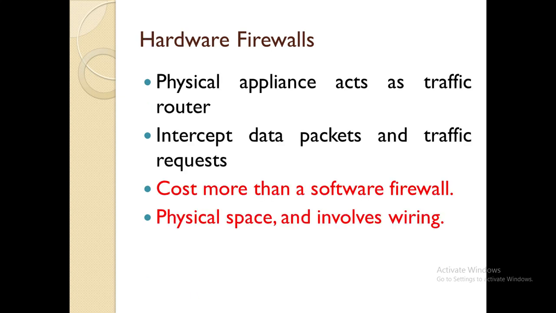Then we have the hardware firewall, where some type of hardware device we connect in between our inside and outside network. Whatever packets come from inside or outside will be checked by this hardware firewall, including the packets going between these endpoints.